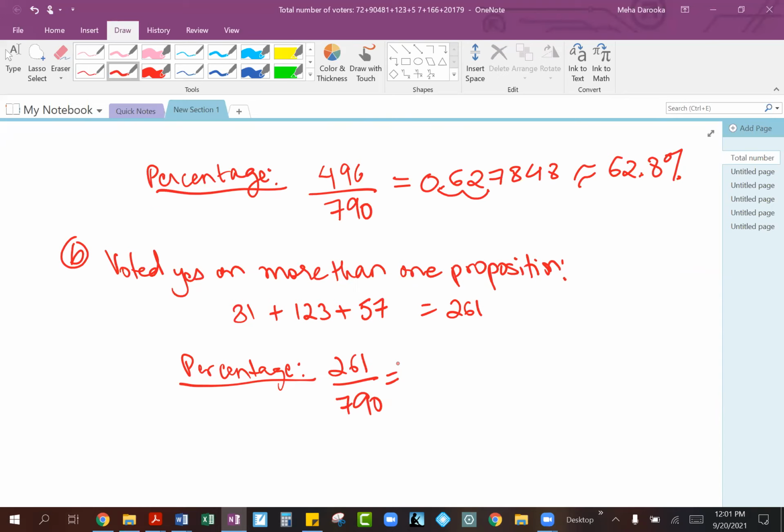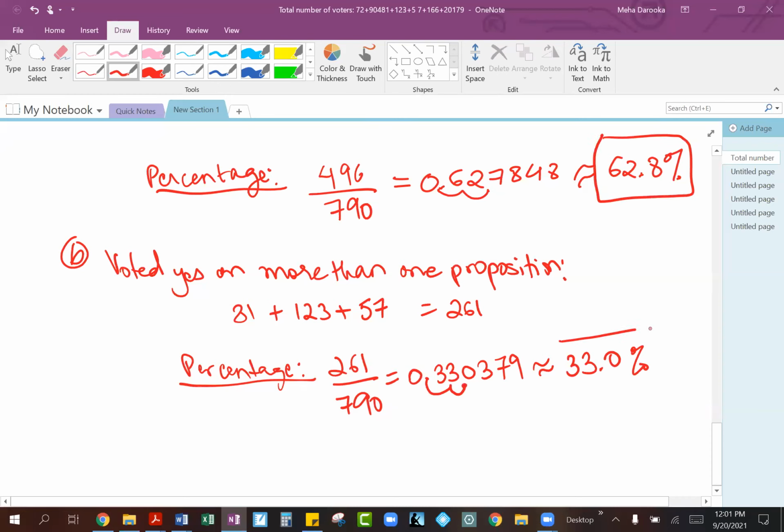So 0.33, let's see, 0.379. So again, if we just round it to 1 decimal place, you are looking at 33.0%, because you've got 0.3 after that.